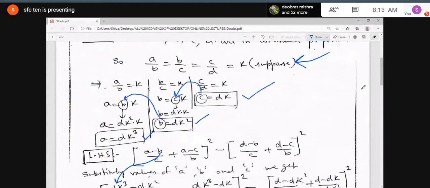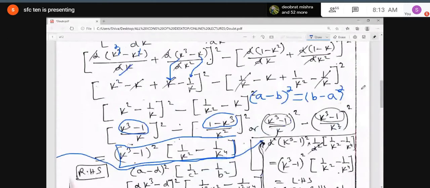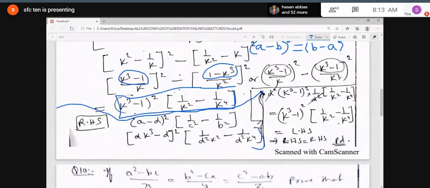Now I have proceeded and shown the working sidewise. If you take d square common in the first bracket, because it is (dk cube minus d) whole square, I have taken out d square common. What will be left? (k cube minus 1) whole square will be left inside.